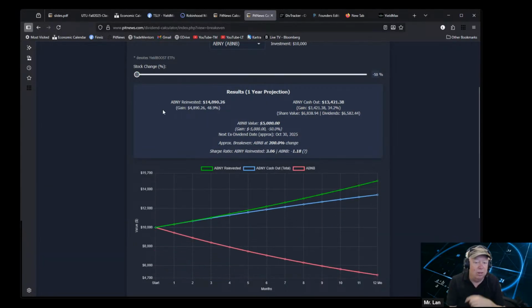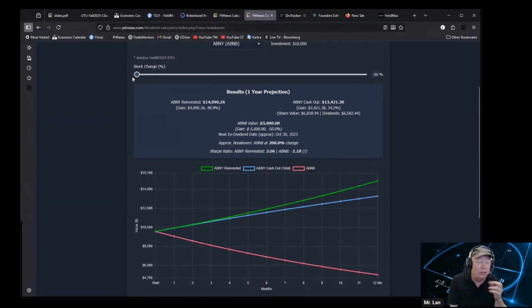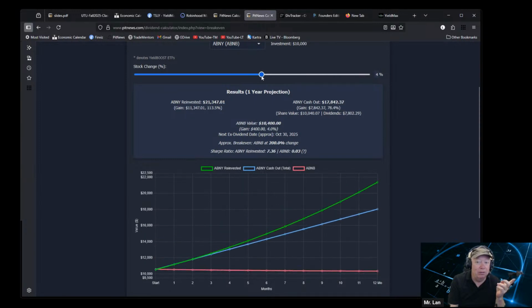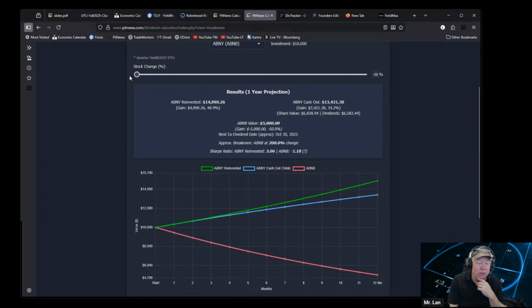Technically speaking, if the market started to flush like that, YieldMax is going to suffer the worst in a big flushing market, because they make more money when the market goes up than when the market goes down.